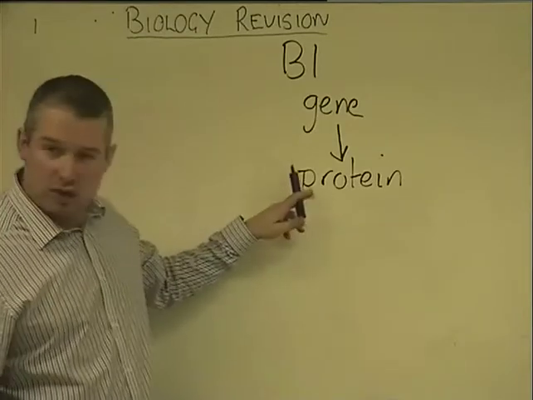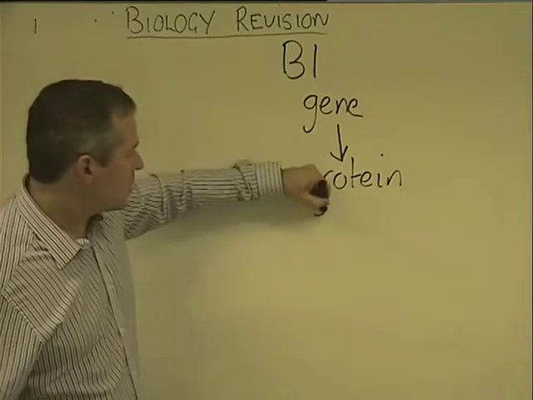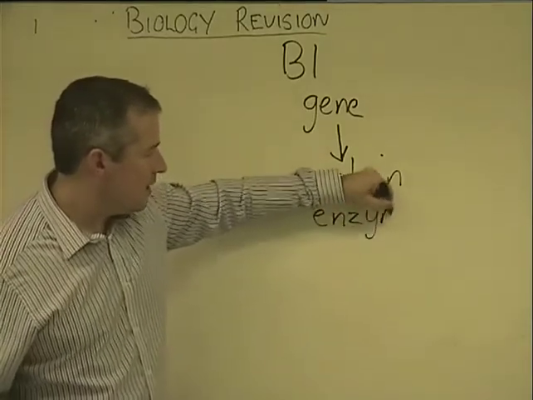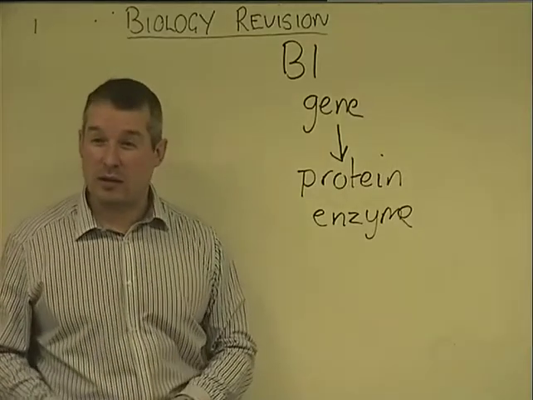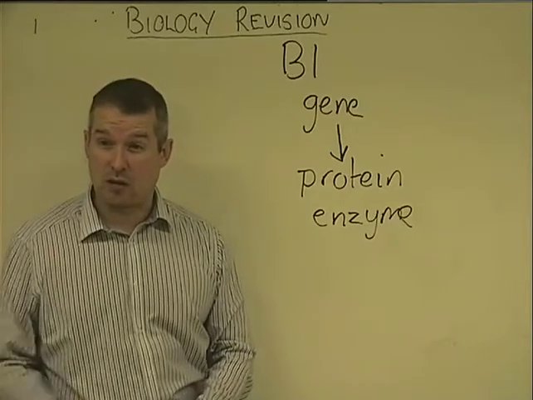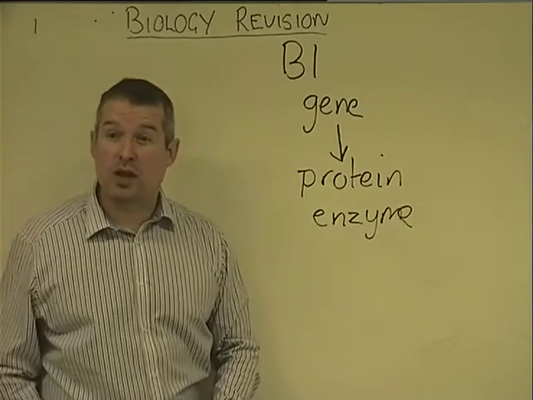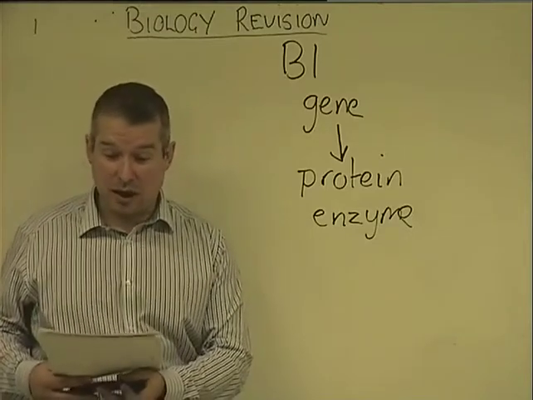Structural proteins are used for growth. A functional protein is categorized as an enzyme. Now remember, an enzyme speeds up reactions in the body, and there's loads of different types, okay? So genes, in effect, code for the production of proteins, and they code for the production of enzymes. So that's the two things they might ask you in the examinations, okay?